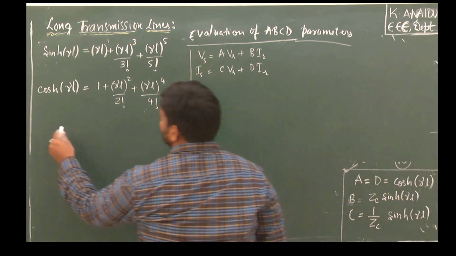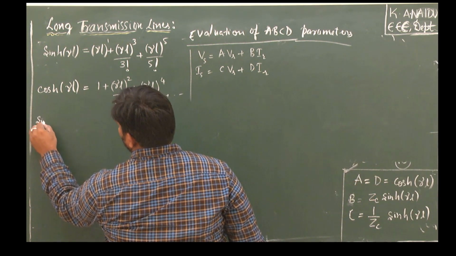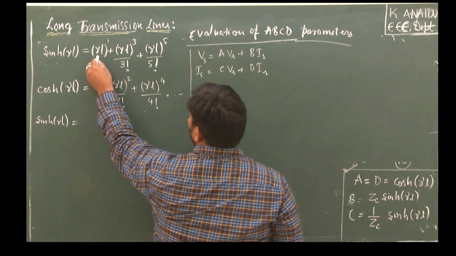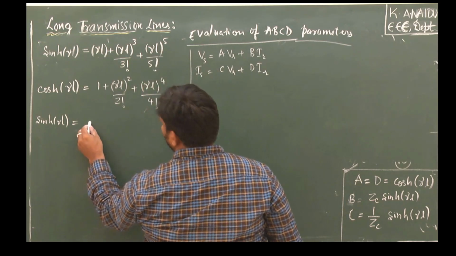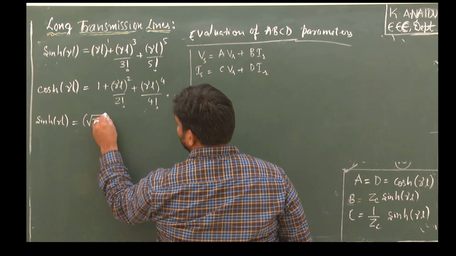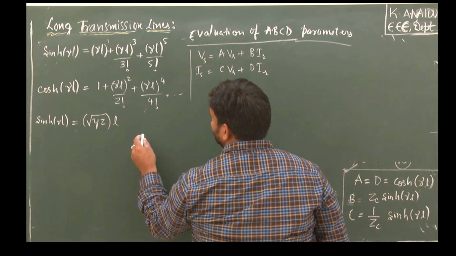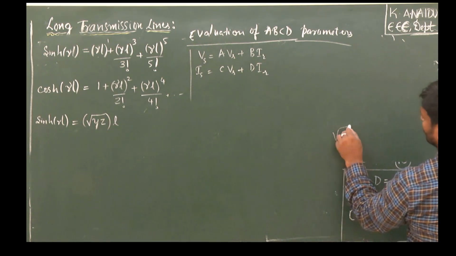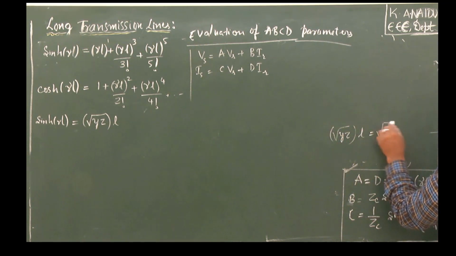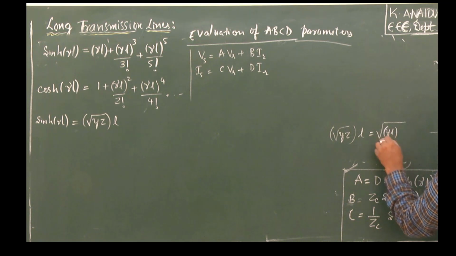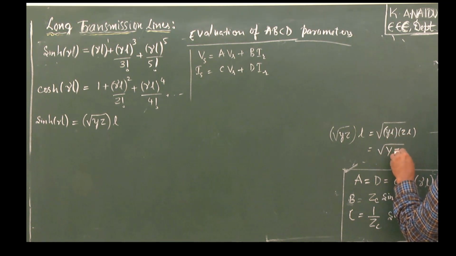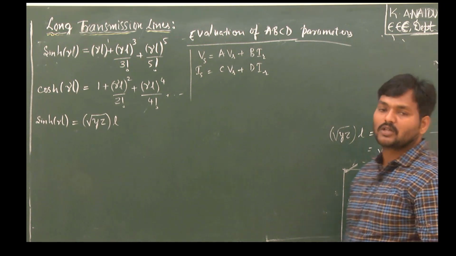So here sinh of gamma L is gamma L plus gamma L cube by 3 factorial and so on. So here what is gamma L? We know square root of y into z is gamma into L. So what is square root of yz into L? You can write it as square root of yl into zl, that is nothing but capital Y into capital Z. These are total admittance and total impedance.